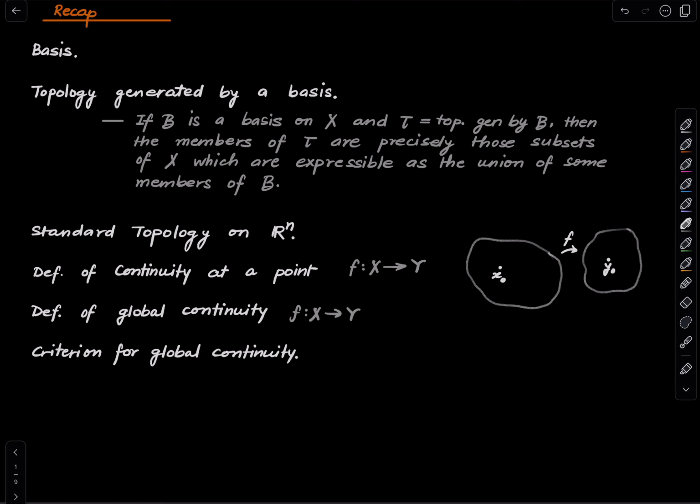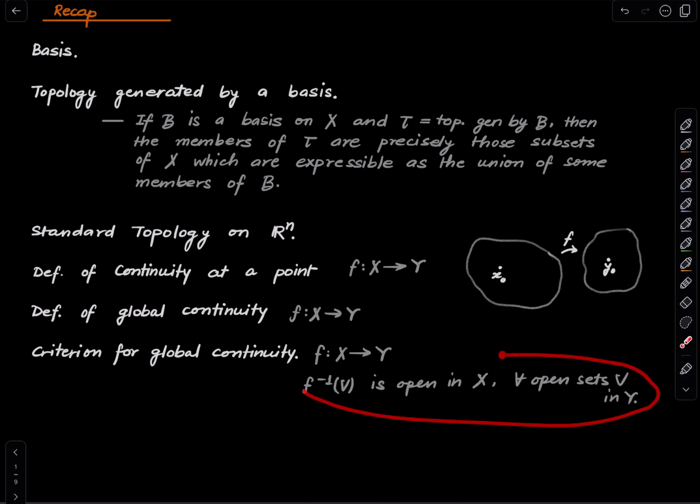We just say it is continuous if it is continuous at every point in X. But there was an interesting observation that we made: a function f from a space X to a space Y is continuous if and only if the pre-images of open sets in Y are open in X. That was the criterion for the global continuity of a function.